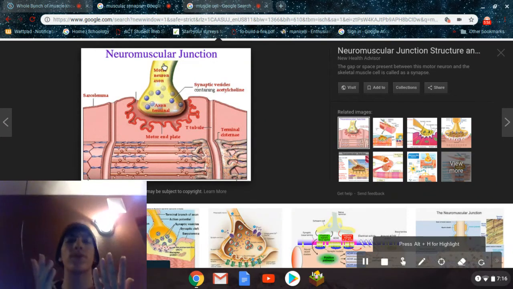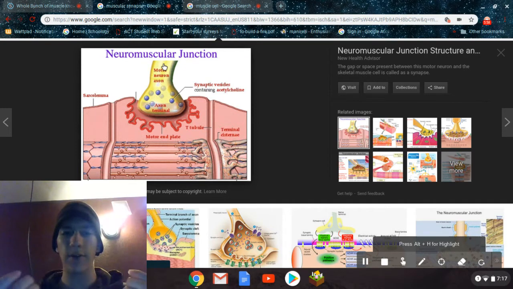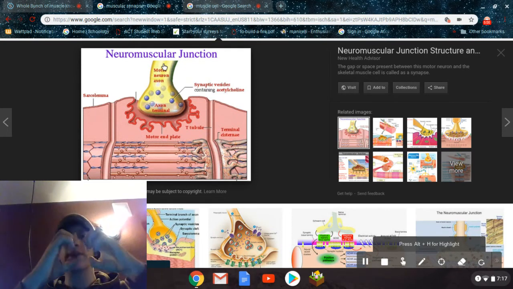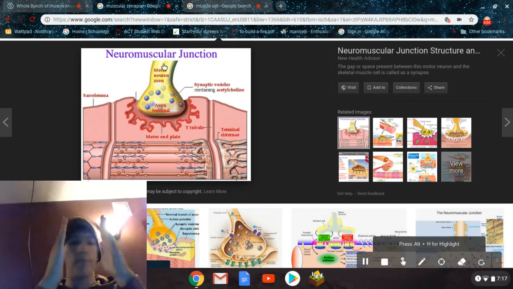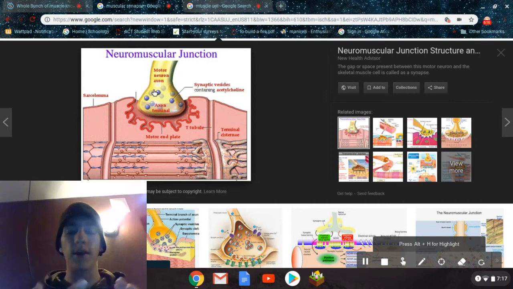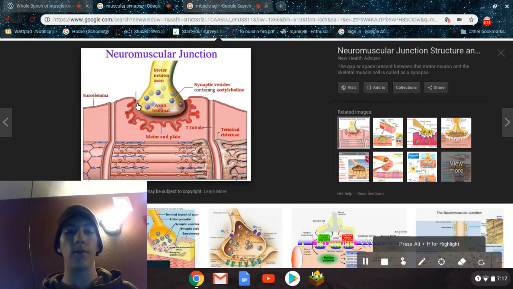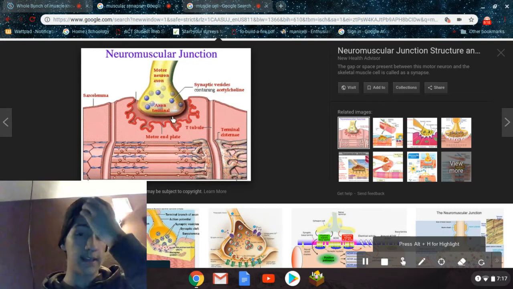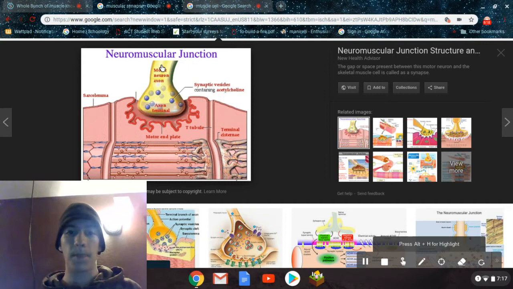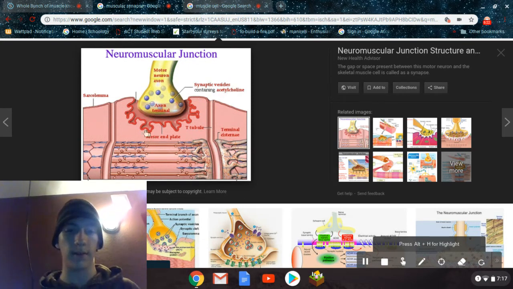Those of you who know about a synaptic gap in general know that it's normally between two nerves, and they're communicating back and forth. Of course, a muscle doesn't talk back to a nerve. Nerves talk to nerves. So right here, this is a one-way synapse where a neuron will be talking to a muscle.